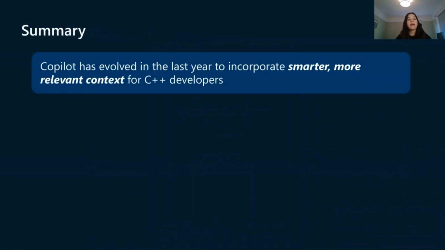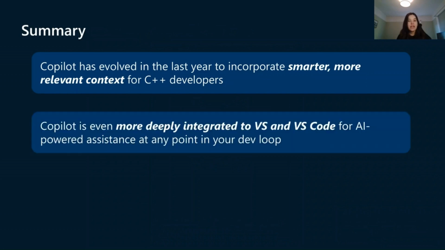So we covered a lot of updates for C++ Copilot today, so let's summarize. Copilot has evolved a lot in the last year to incorporate smarter, more relevant context for C++ developers to have increased C++ project awareness and context. Copilot is now even more deeply integrated into Visual Studio and VS Code as IDEs to provide you with AI-powered assistance at any point in your dev loop, so you don't need to adjust your workflows and you can leverage AI within your comfortable tooling.